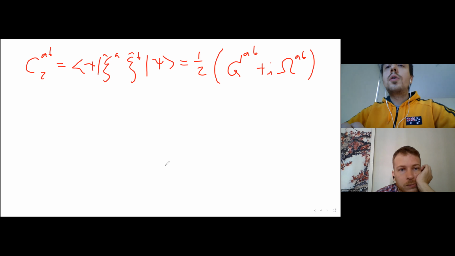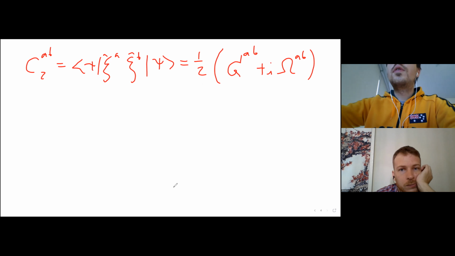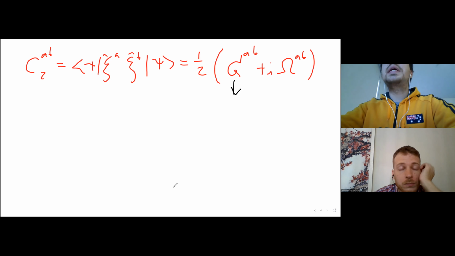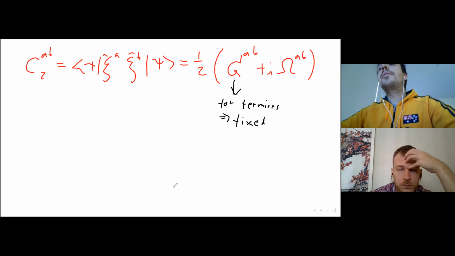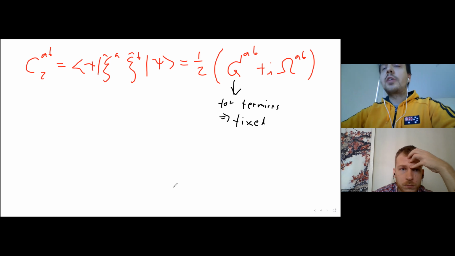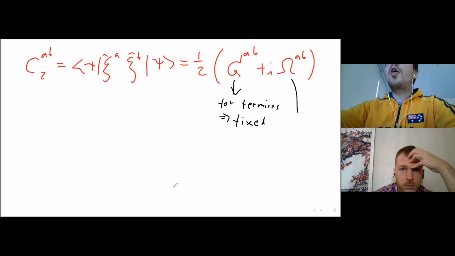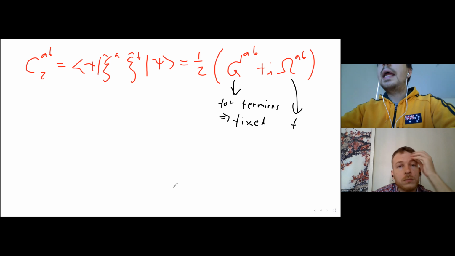So for fermions, this G_AB is the standard one, fixed, because this is really just the anti-commutation relations, while capital omega is also fixed, but only for bosons.